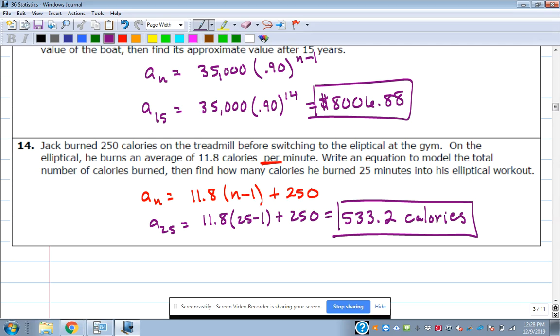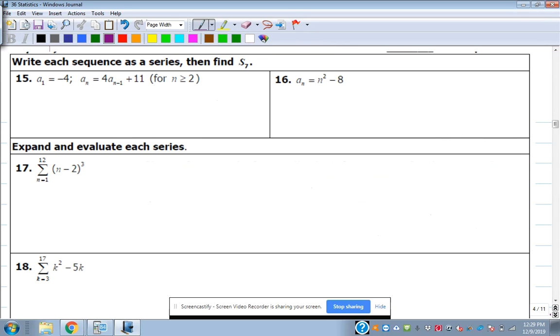All right, well, let's drop into the next thing, which is taking a sequence and turning it into a series, okay? Now, a sequence is just a list of numbers. So when we had a nice, easy sequence, something pretty simple, 3, 6, 9, 12, 15, that sort of thing, that's a sequence.